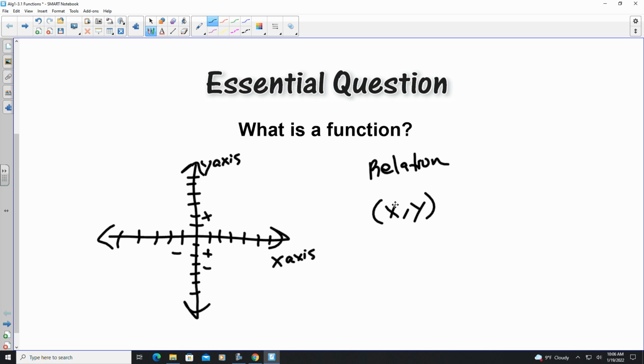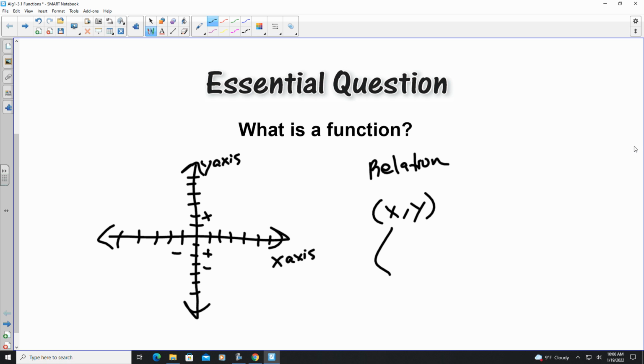Definition of a function is they're saying that for every input, you have exactly one output. Now, there are other ways that you can determine what an x and y value actually mean.